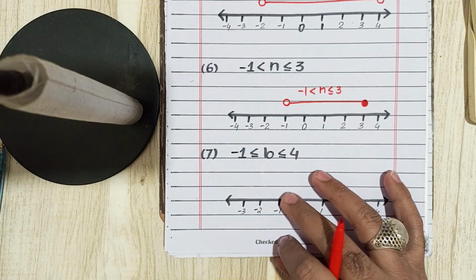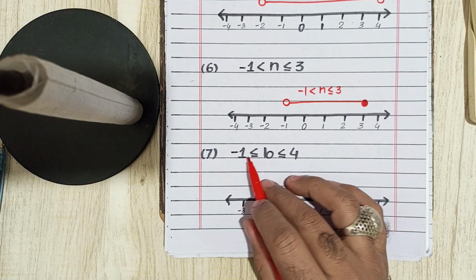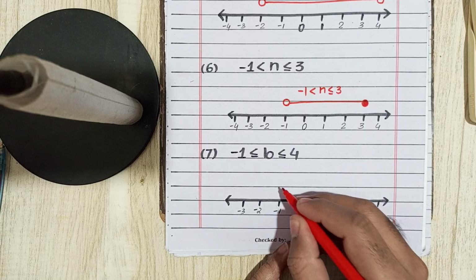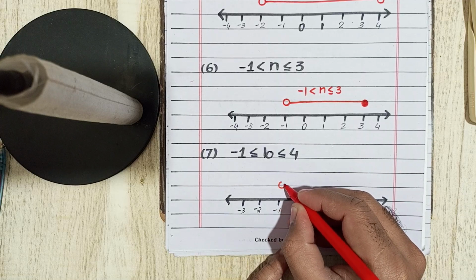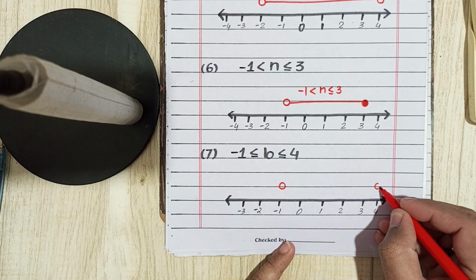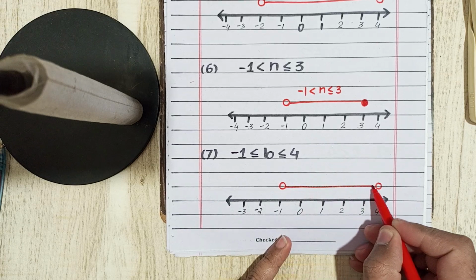Our next question 7. So in question 7 we have b, minus 1 less than or equal to b less than or equal to 4. So here we have a minus 1, so we draw a circle, and here we have a 4. So now we join each other with a line.